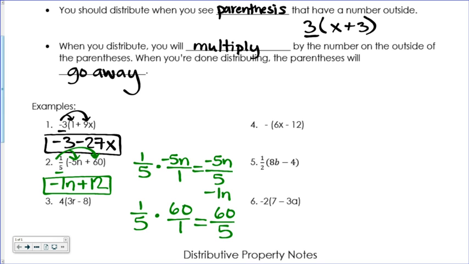All right, number 3, I'm going to distribute the 4 on the outside to everything on the inside. 4 times 3r is 12r, and 4 times your -8 is -32.